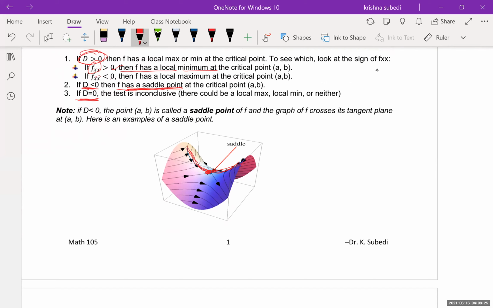But if you look at the same graph from that perspective, this is the top of the parabola. So depending on what perspective you take, it is sometimes minimum, sometimes maximum. That kind of point is called a saddle point. That happens when the D is less than 0.